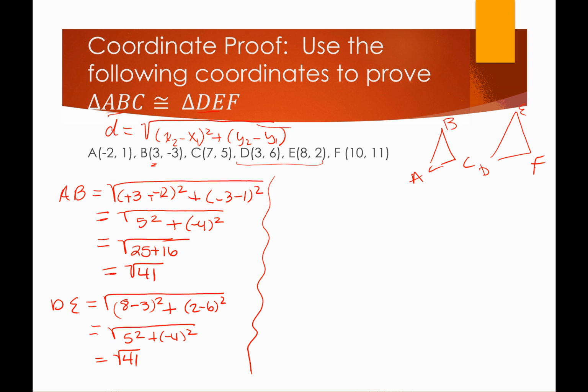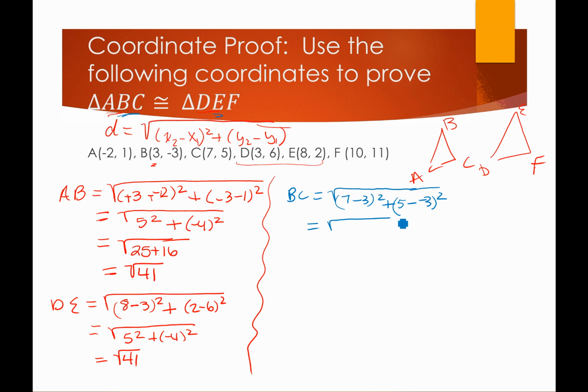Okay. Let's go ahead and go with the BC and the EF. So BC is going to be the square root of 7 minus 3 squared plus 5 minus a negative 3 squared.